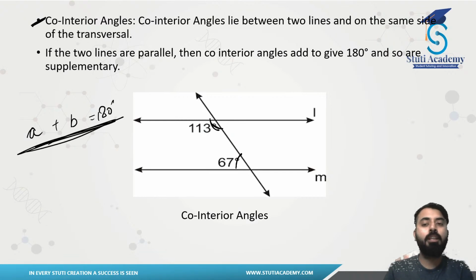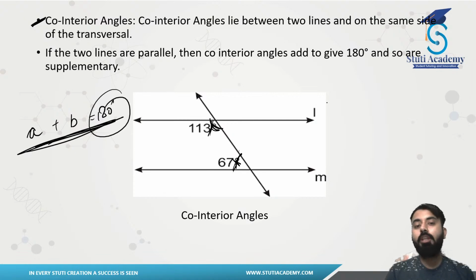If a transversal passes through two lines, forming two angles with both of the lines, and you add both of those angles and get 180, then you can say the pair of lines are parallel lines.